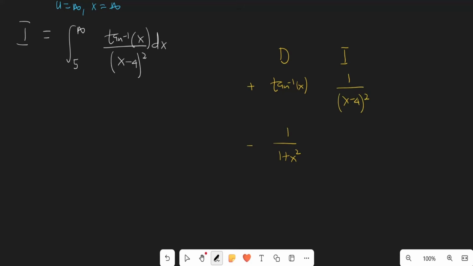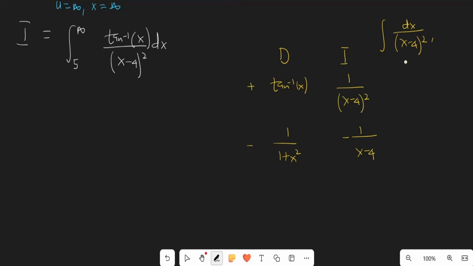And what about integrating this? This is negative 1 over x minus 4. That is the integral of this guy, so we can use a u-sub. Here real quick, we have the integral of dx over x minus 4 all squared.